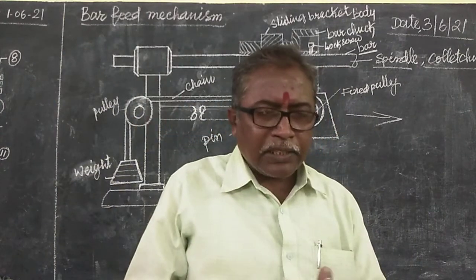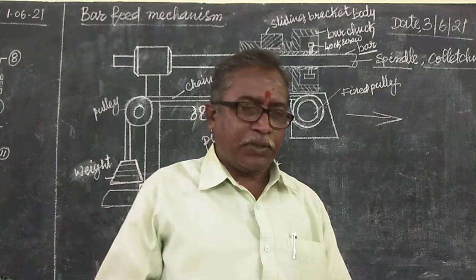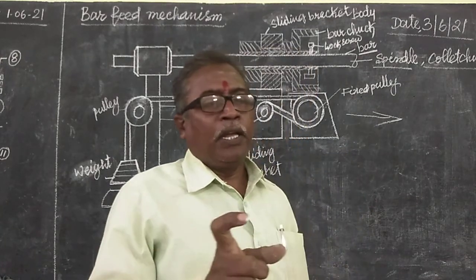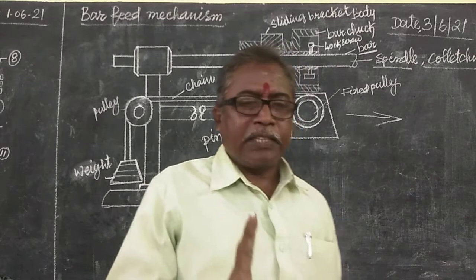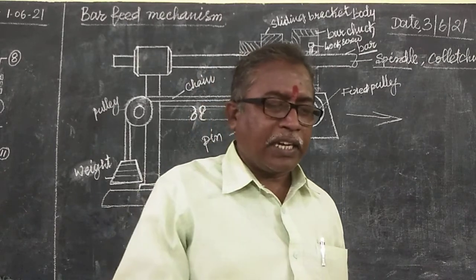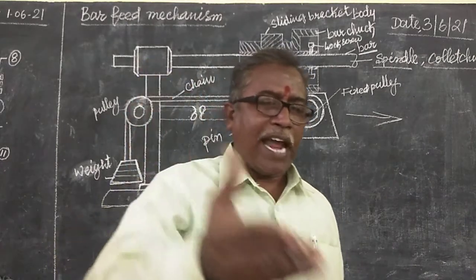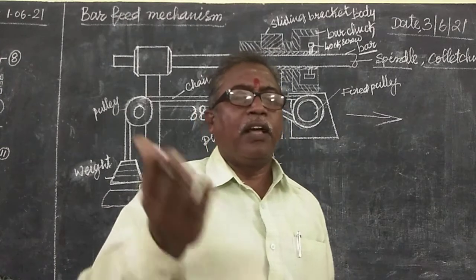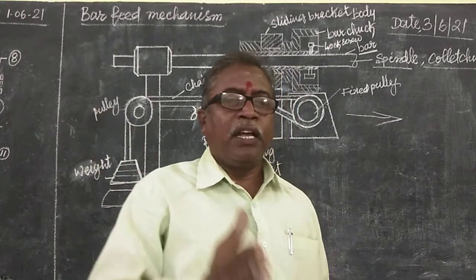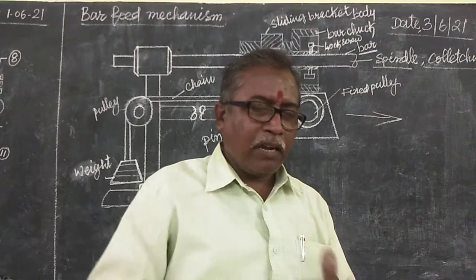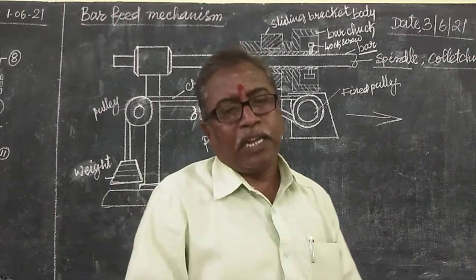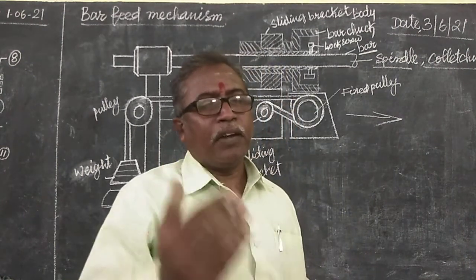In this turret there are three types of turrets. One is the vertical turret, the second one is the horizontal turret, and the third one is the angular turret. The turret head is fixed at an angle once, then horizontal ones, then vertical ones, depending on the work.